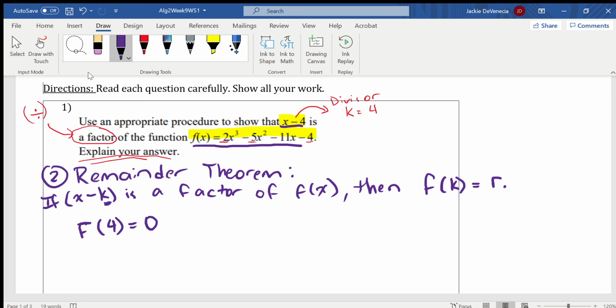Again, that 0 is going to tell me that this x minus 4 is a factor of this problem. So here I'm just going to plug in the 4 into this function.